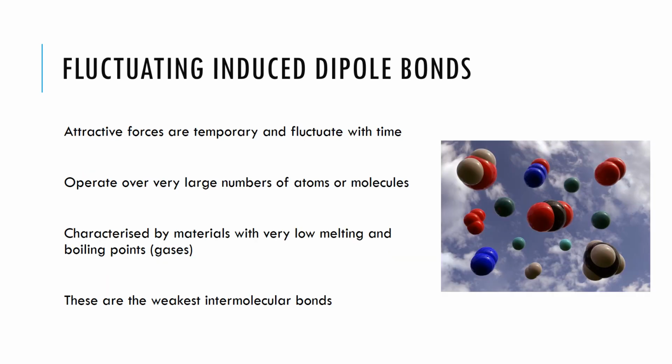Now, these attractive forces, these induced dipoles, are only temporary, and they fluctuate very dynamically over time. As I said, they tend to operate over very large numbers of atoms and molecules. So we find these kinds of interactions in materials with quite low melting points and boiling points, so primarily gases. And they are, in fact, the weakest intermolecular bond.